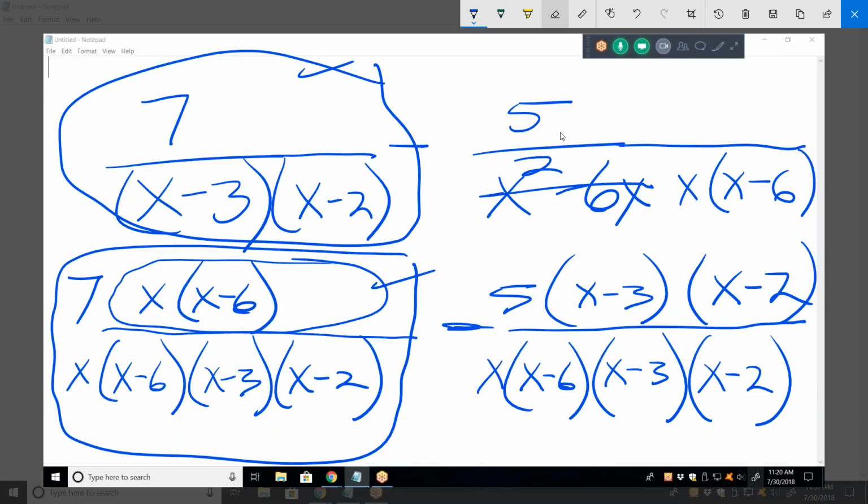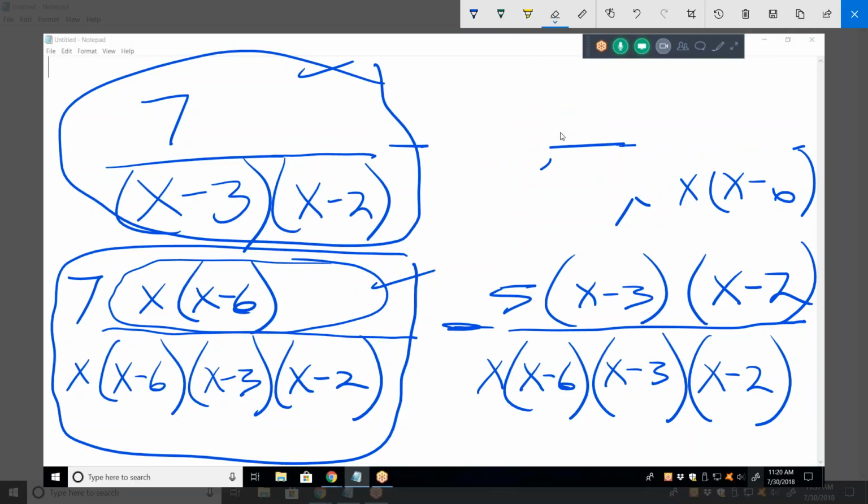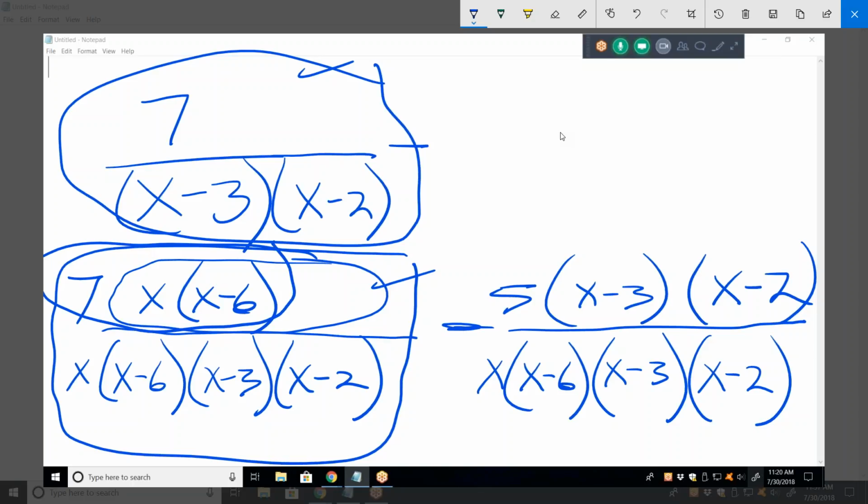Well, let's see. I need a little writing room. So let me erase this over here. So if I operate on this, tell me what that is. I'm just simplifying it, basically. Yeah, this becomes x squared minus 6x multiplied by 7.